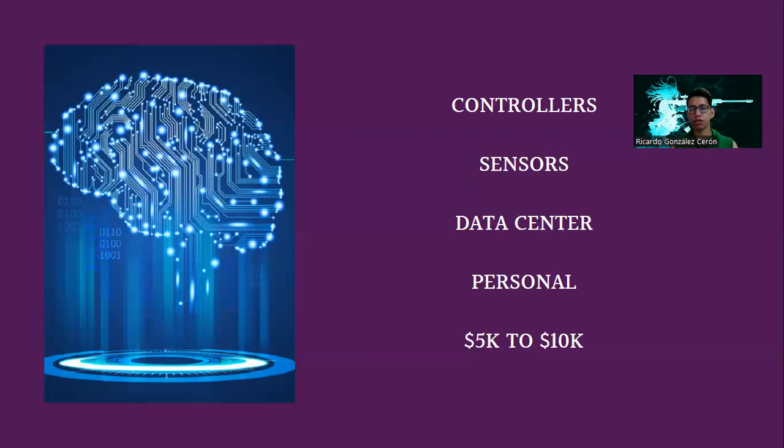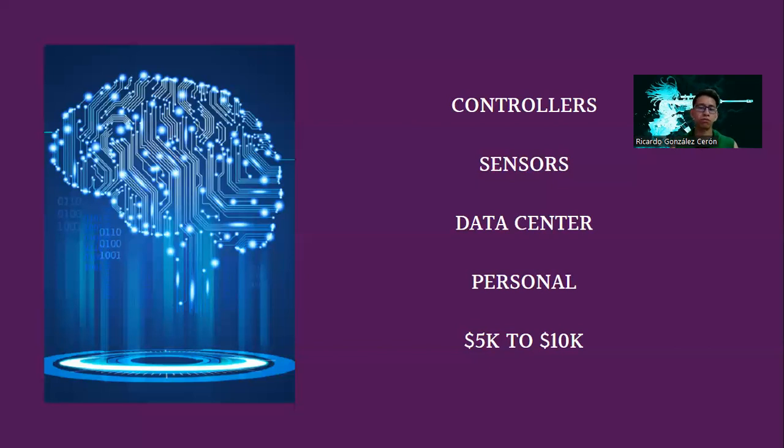For the use of controllers, sensors, a data center for this information to make the decisions and orders, and the personnel needed to manage it, the cost of this implementation will go from $5K to $10K.